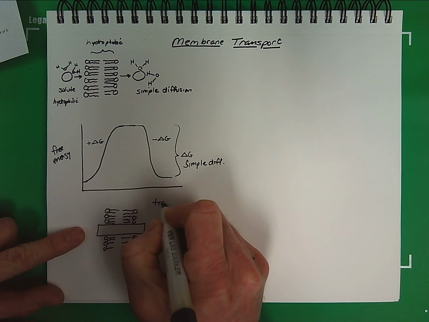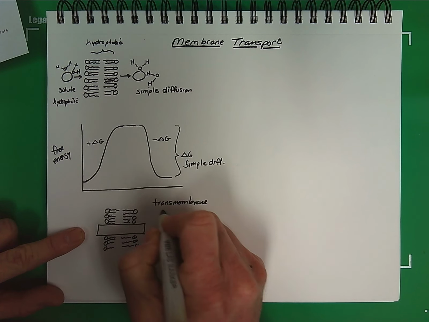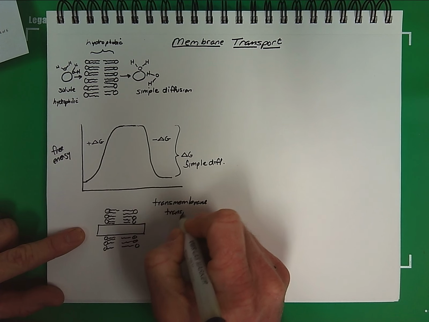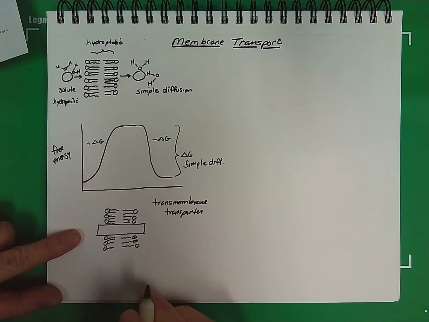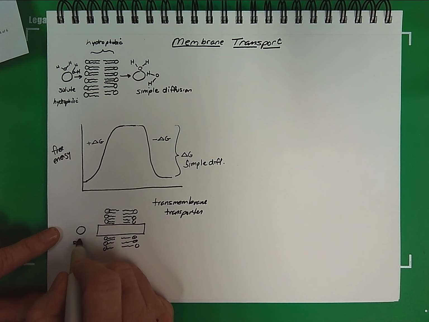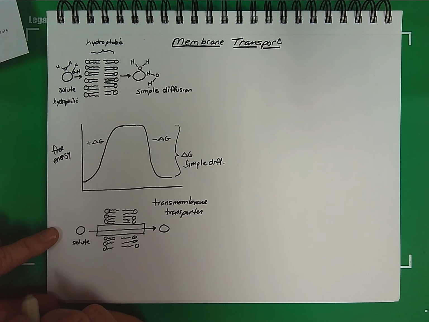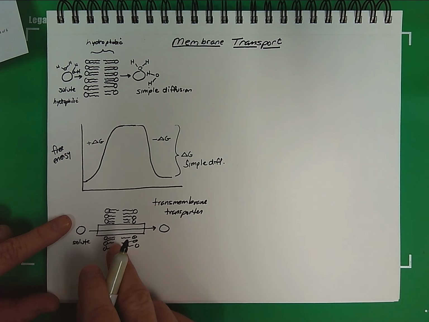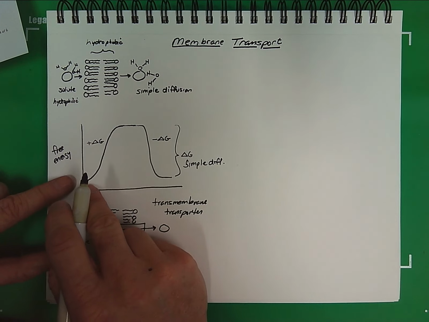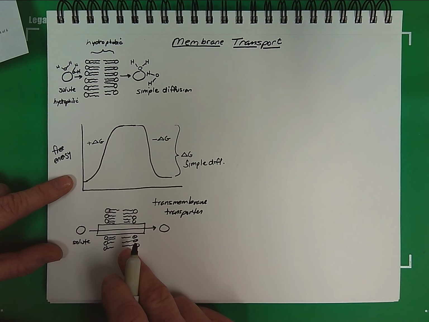Transmembrane means that it courses through the entire lipid bilayer. This is what we term a transporter because its job is to transport the solute from one side of a membrane to another. Now, the sole purpose of having this transporter is to reduce the amount of free energy that's needed in order to transport the solute through an incompatible environment of hydrophobic chemistry.